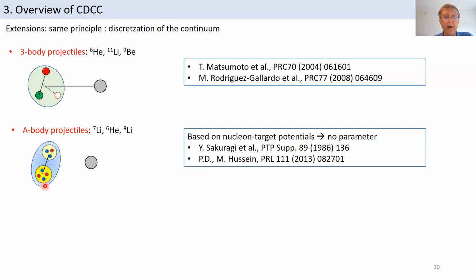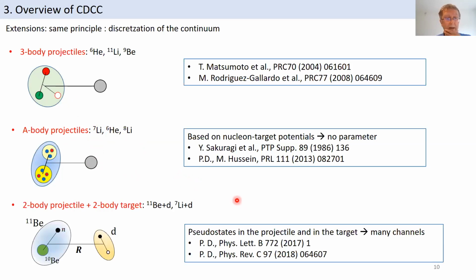Then there were works on A-body descriptions of the projectile, for example lithium-7 or helium-6. The advantage of this is that it is based on nucleon-target potentials, so there is no need of optical potentials between the fragments. There is no parameter here.